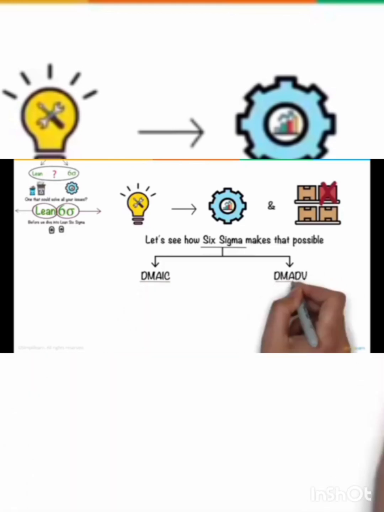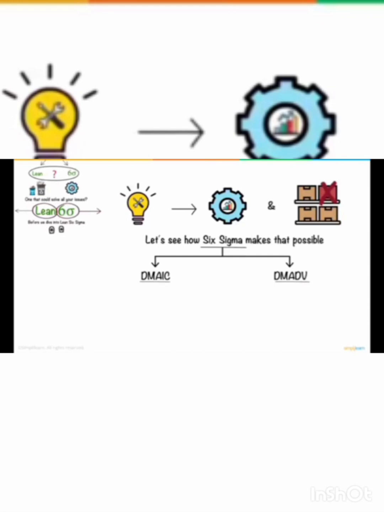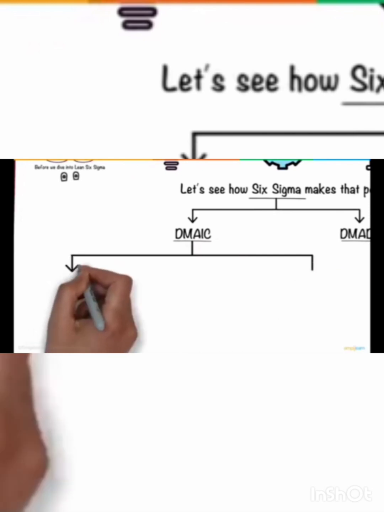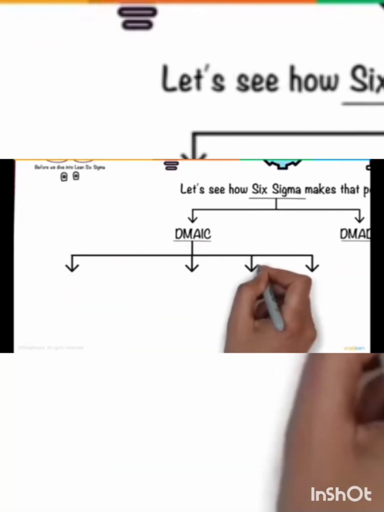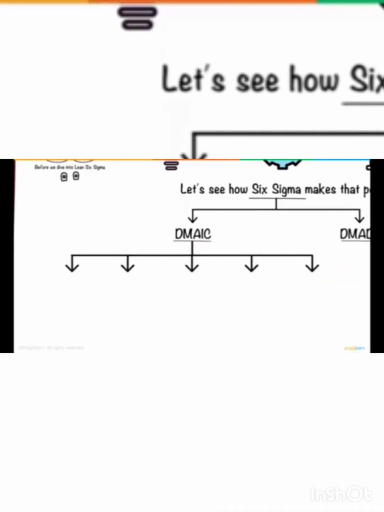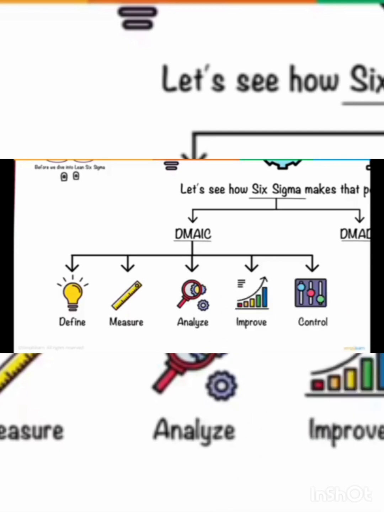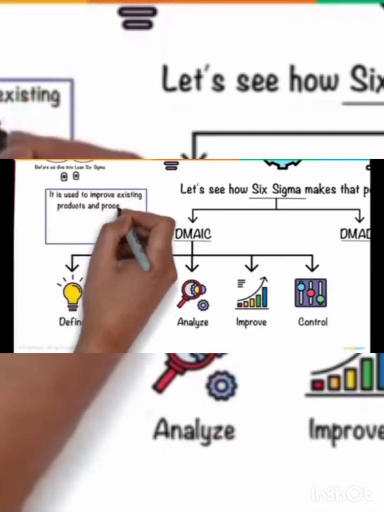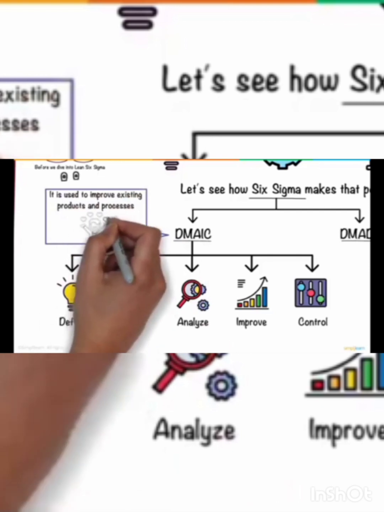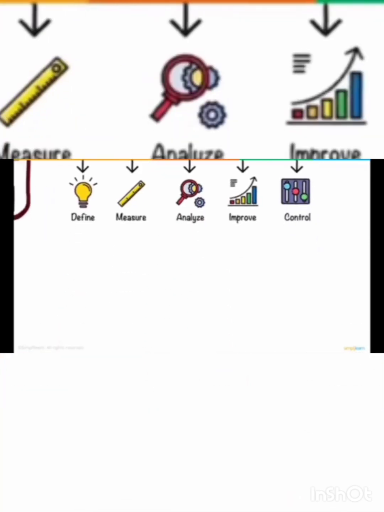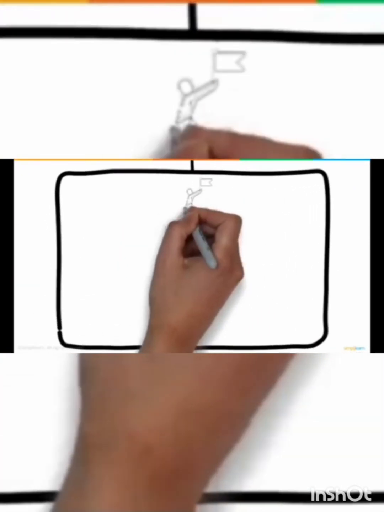Six Sigma has two major methodologies, DMAIC and DMADV. First, let's have a close look at DMAIC, since Lean Six Sigma uses the DMAIC methodology. DMAIC is an acronym for Define, Measure, Analyze, Improve and Control. It is used to improve existing products and processes so that they can meet customers' requirements.